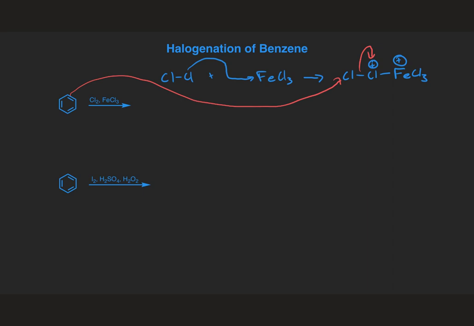And that's going to generate the carbocation. Not iron, chlorine. The iron has a negative charge. And this carbocation is resonance stabilized. Let's draw its resonance structures.